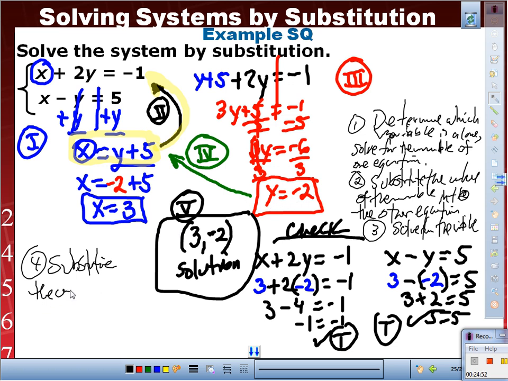The value of the other variable. Where at? Where it belongs. Substitute the value of the other variable into the other equation.